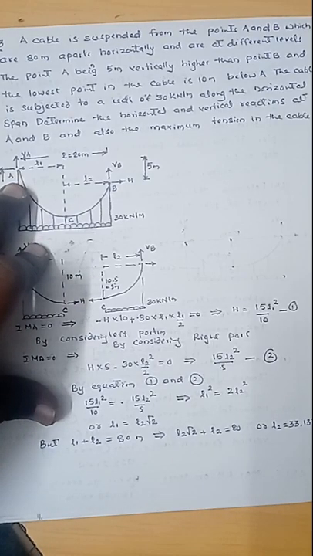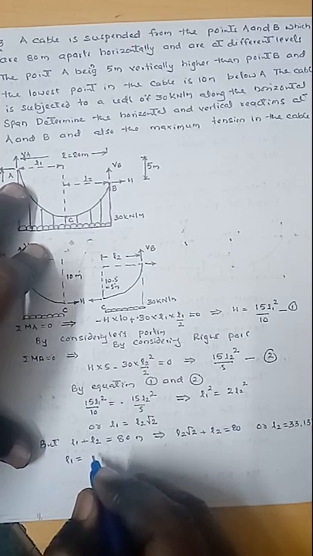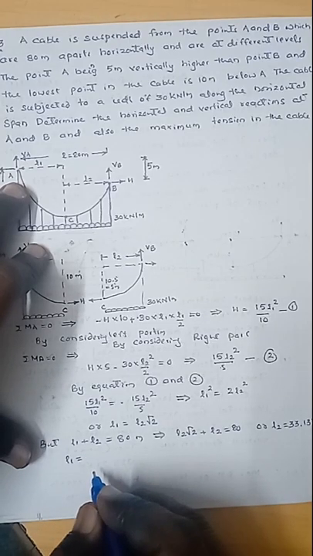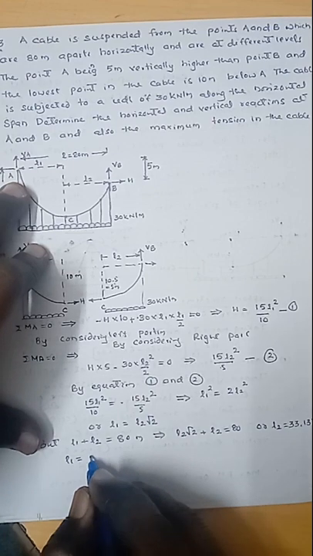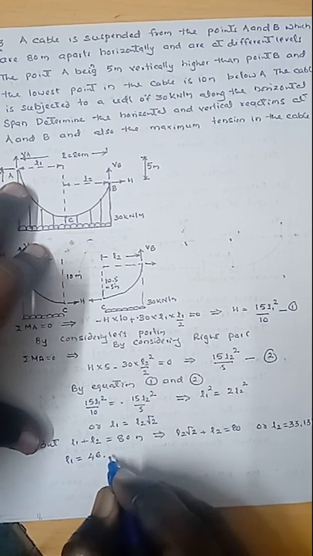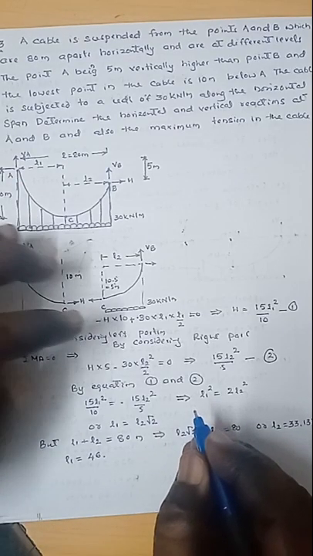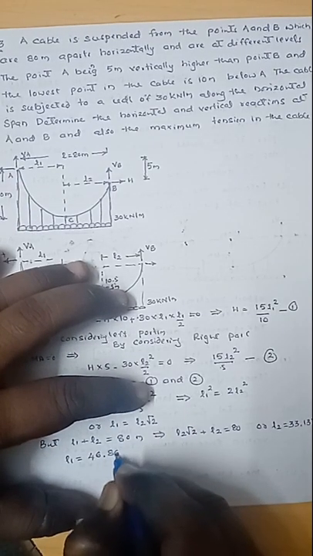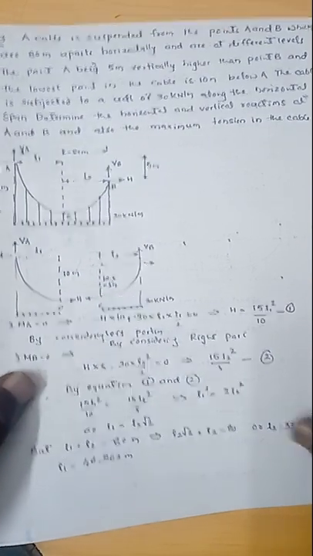Then by substituting the value in the above equation, we will get L1 equals 46.863 meters. Now we have calculated the value of L1 and L2.